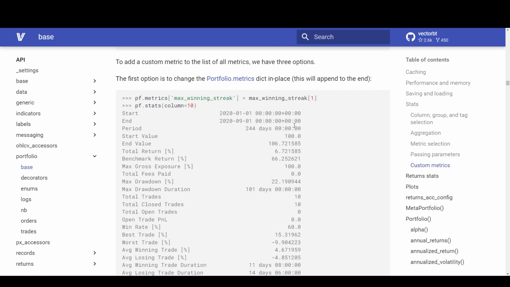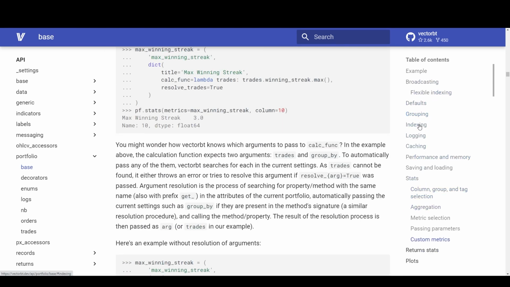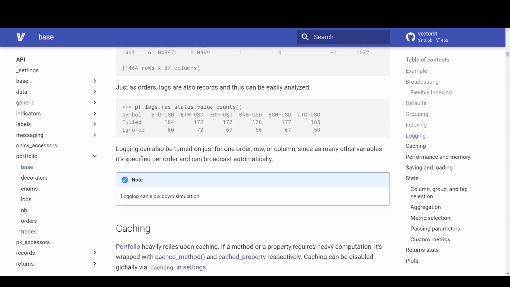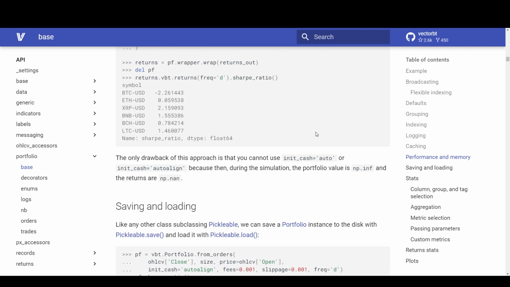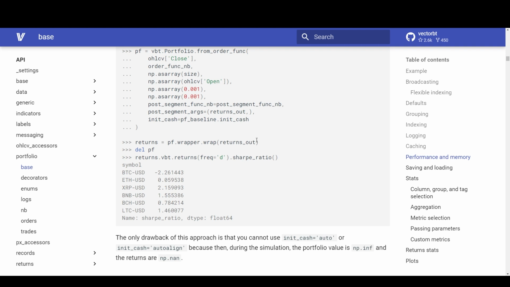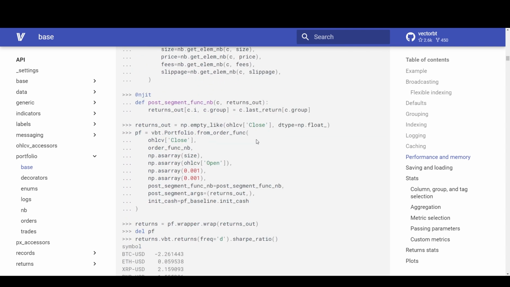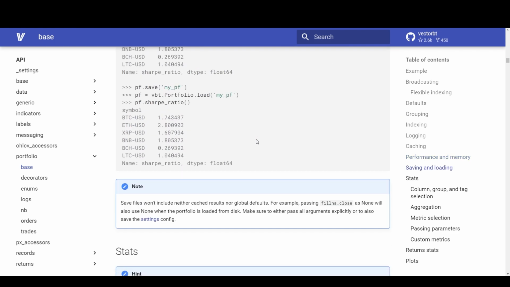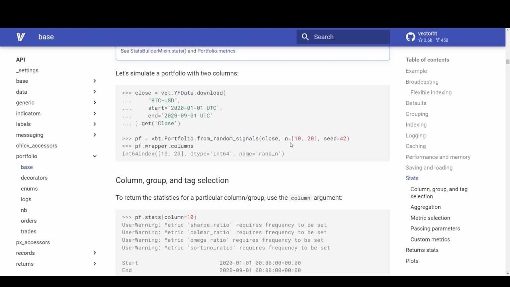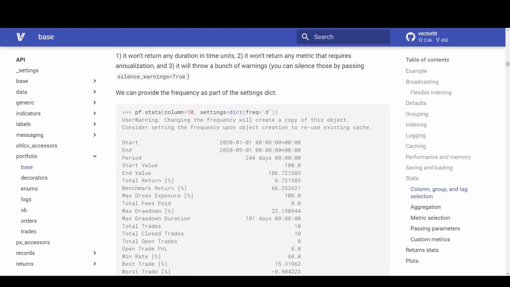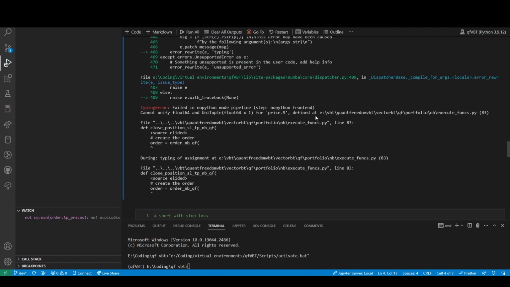Where are we at with this? Oh, Jesus, I just realized that I had Numba turned off this whole time, so now I gotta go through all this.